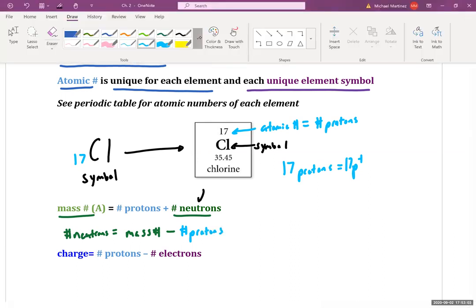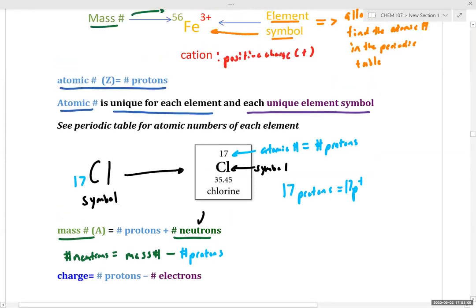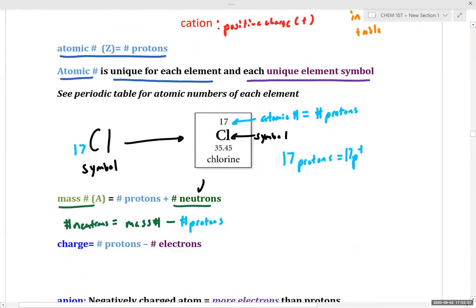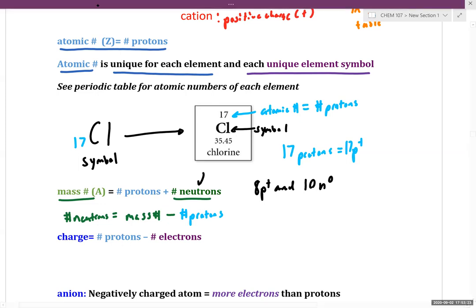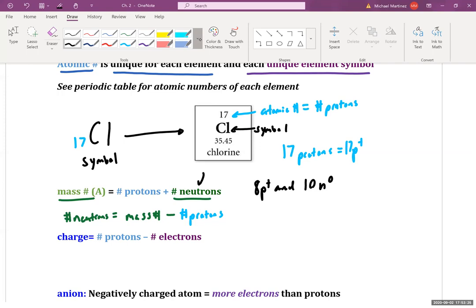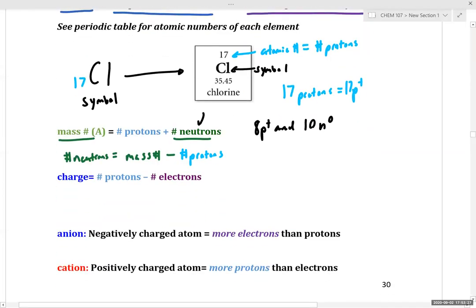So let's show how we can use this. Let's suppose for a moment that we have 8 protons and 10 neutrons. Can we figure out the mass number from this information?